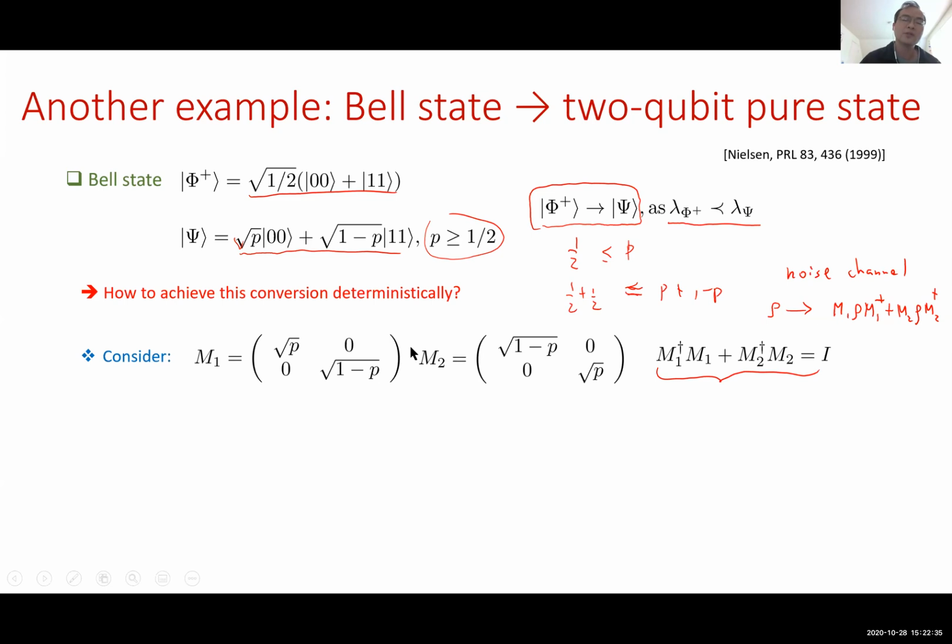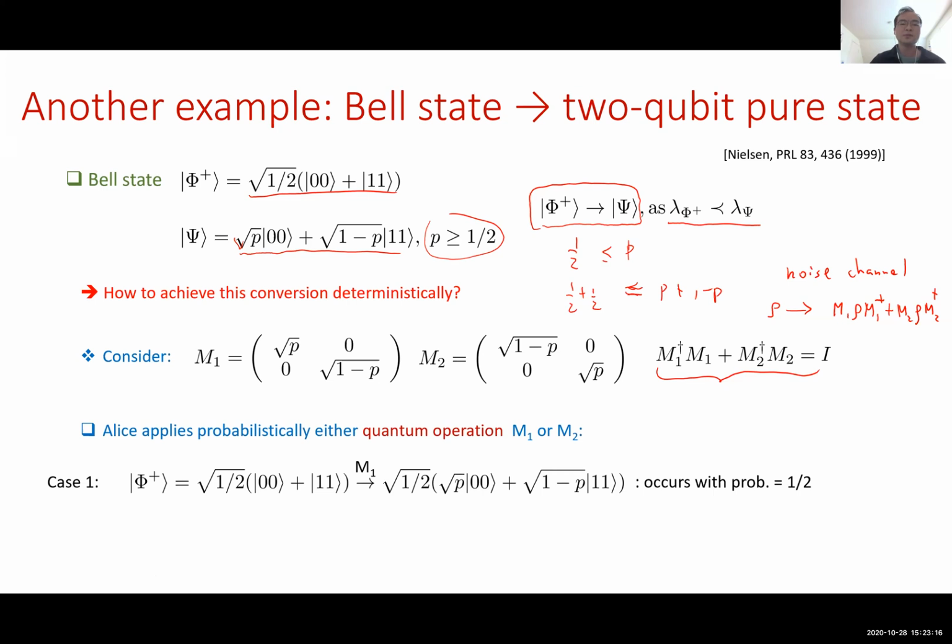So we can create such quantum operation. So that means this can in principle be created. In our discussion of noise channel, we add environment, and then for the system and environment, there is a global unitary, and when you trace out the environment, that gives rise to such a noise channel, and they satisfy this. But if we do it on purpose, we would use some ancilla to achieve such quantum operation, okay?